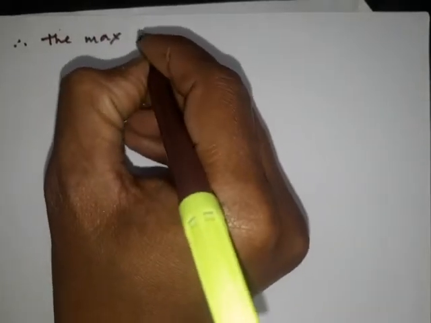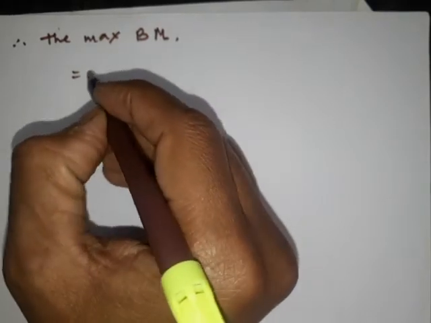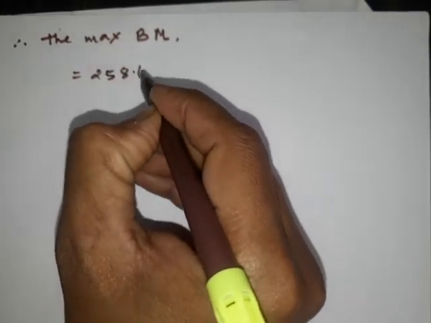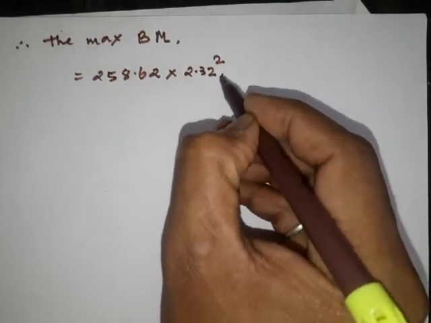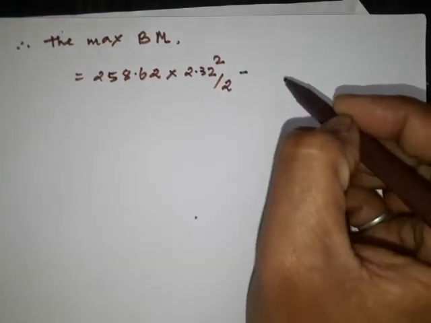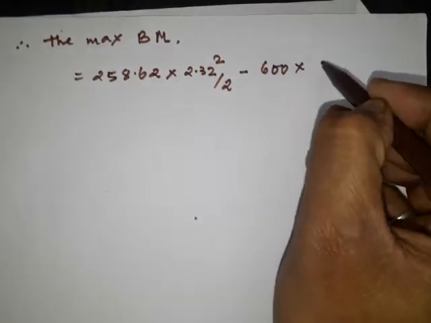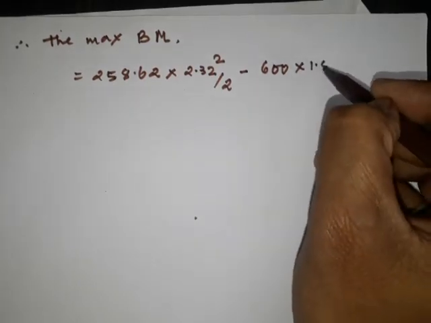So I can calculate here again. The maximum bending moment is: upward pressure 258 into 2.32 square by 2, minus 600 into 1.58.